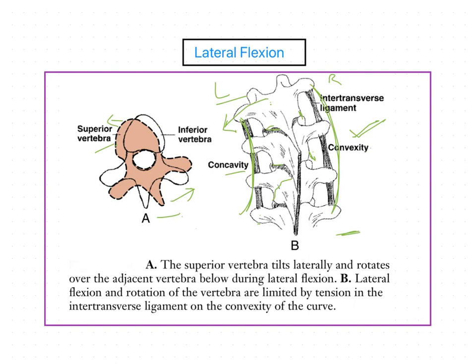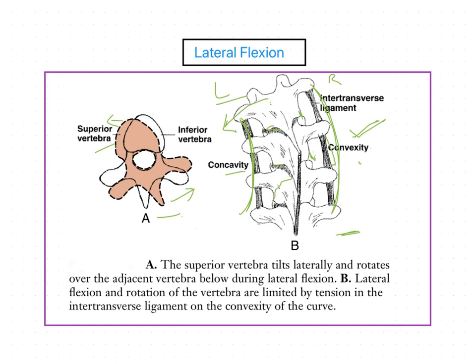So what are the things which limit lateral flexion? The passive tension which is developed in the annulus fibers, the intertransverse ligaments, and the anterior and posterior trunk muscles on the convexity of the curve limit lateral flexion. Okay, the rotation that accompanies lateral flexion differs slightly from region to region because of the orientation of the facets.